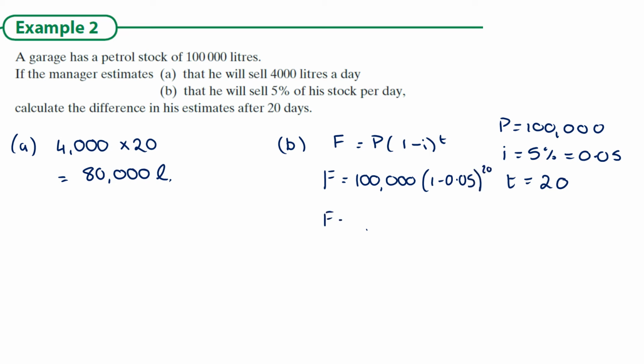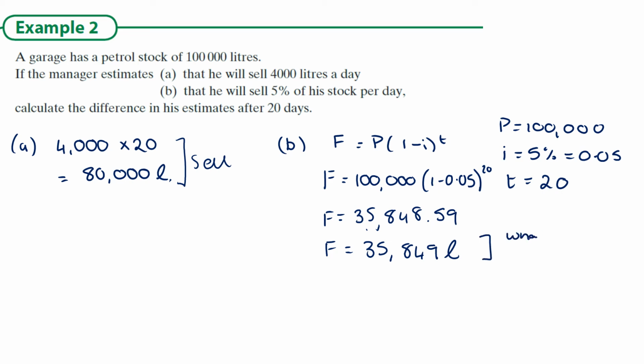So F is equal to 100,000 bracket 1 minus 0.05 to the power of 20. That can go into your calculator, and that gives us 35,848.59. I'm going to round it up to the nearest whole number, so that is 35,849 litres. Now, just be careful. In part A, we estimated what he would sell. Effectively, what we've done here in part B is we've figured out how much he will be left with.